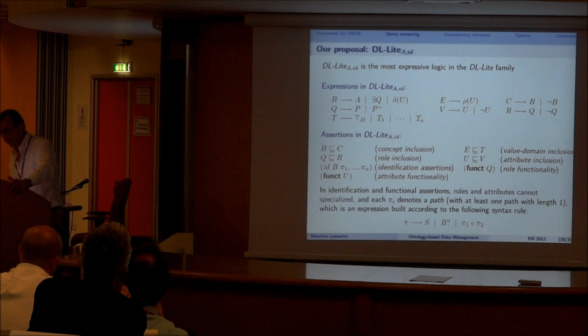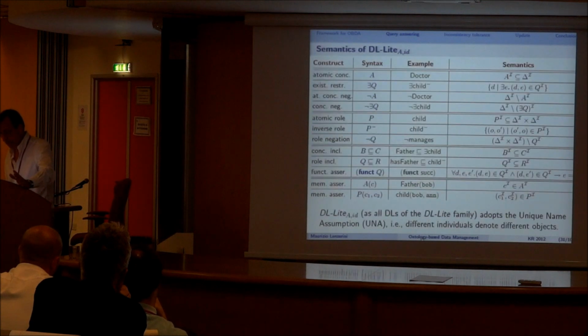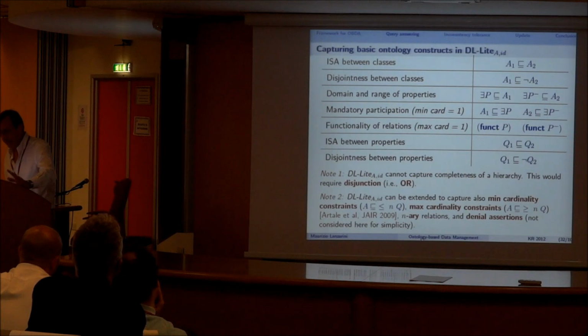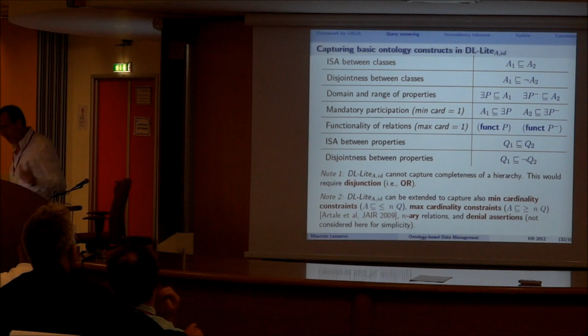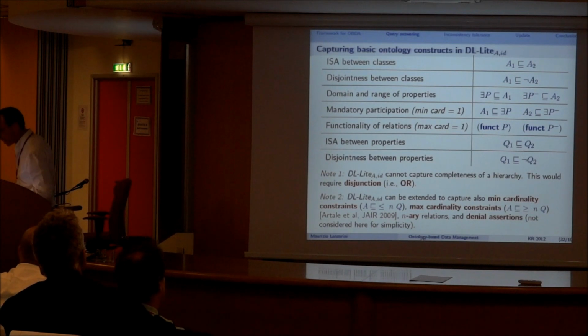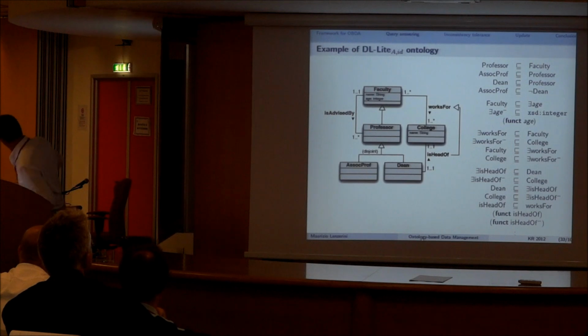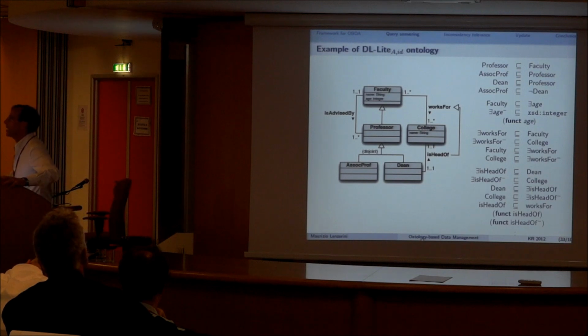What is DL-Lite? It's a very simple language. I don't have the time, obviously, to illustrate the whole language, but what I can tell you is that essentially what you are doing here is to model, by means of a set of axioms, sort of UML diagrams, okay, ER diagrams.